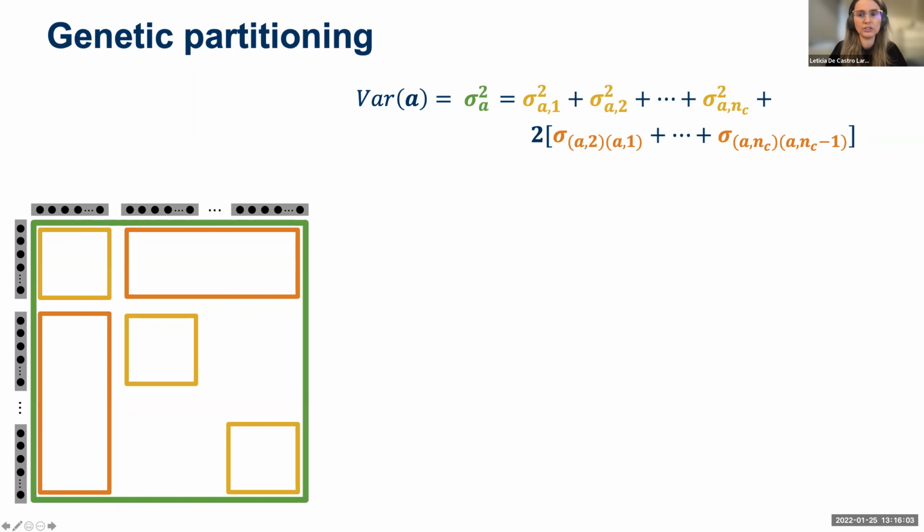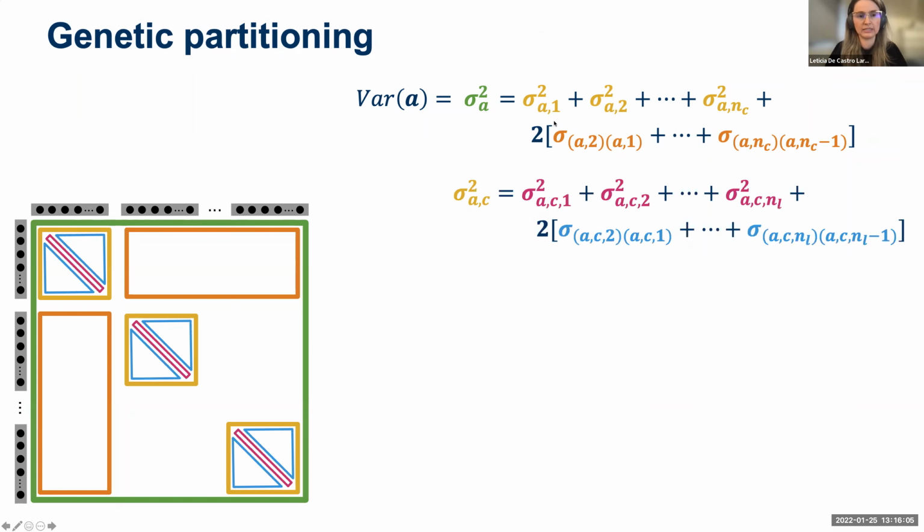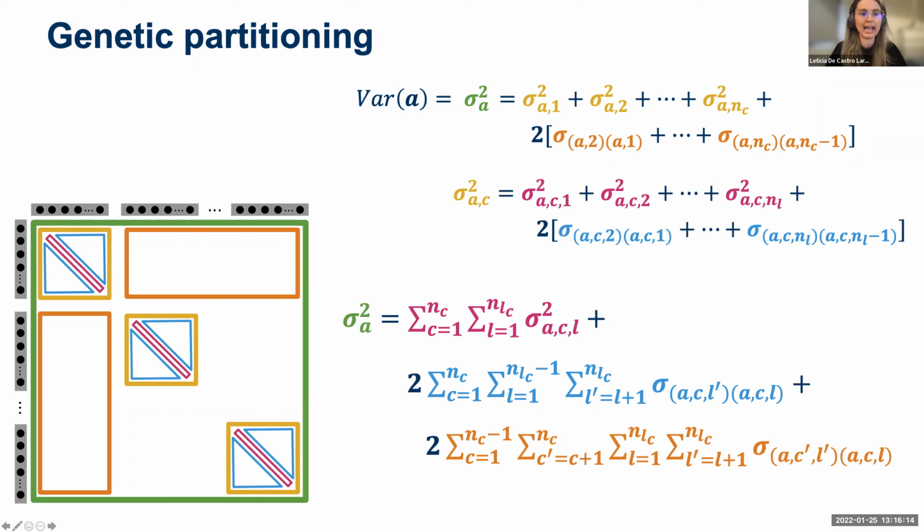Then we can partition this chromosome variance in the second level into genic variance and within-chromosome linkage disequilibrium. So we end up with this equation where the genetic variance is equal to genic variance plus within linkage disequilibrium plus between linkage disequilibrium.